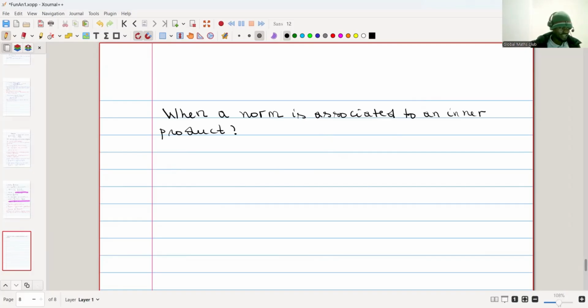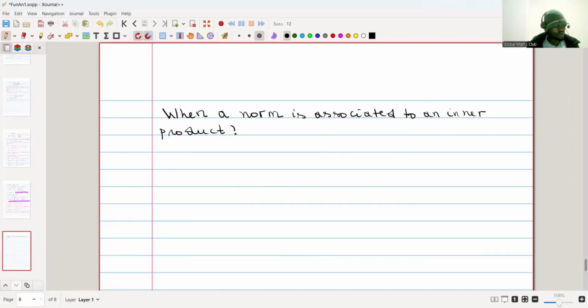If you have a norm, it's not the same thing. Maybe this is the case that we are working on a norm space. So it's not automatically true that when you have a norm, you are going to have an inner product.